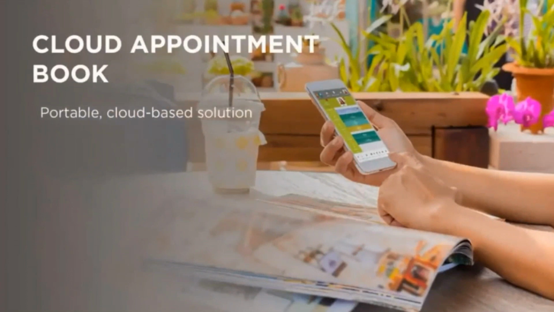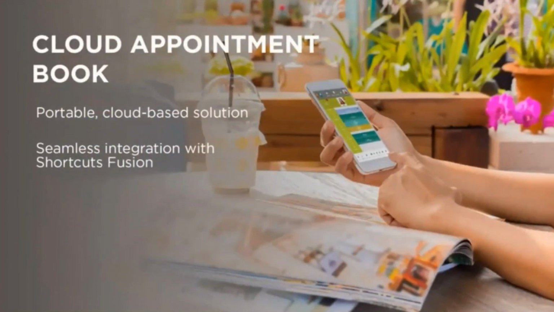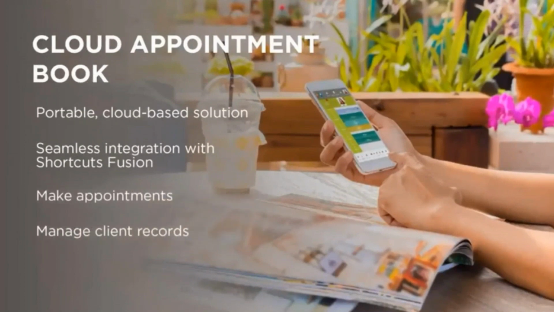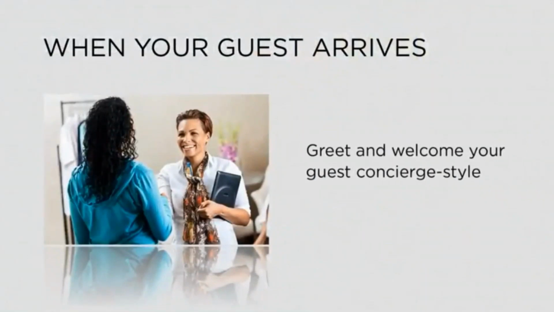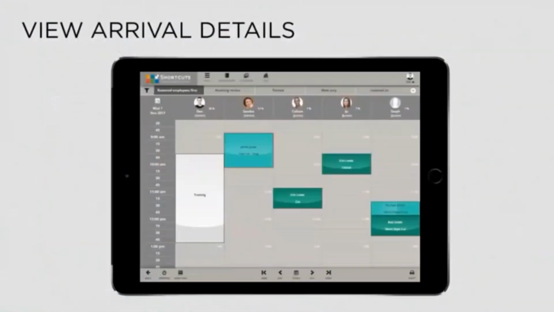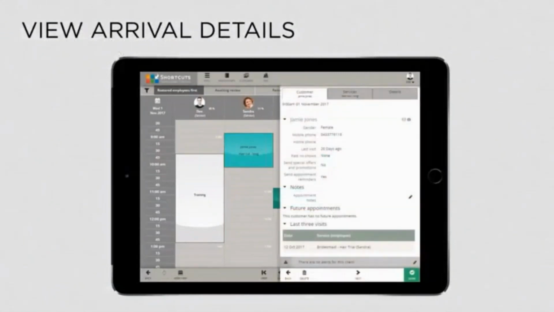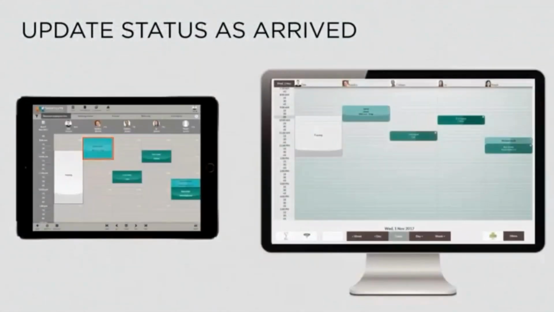So I mentioned a moment ago, it's cloud-based. Everything that you do on the actual cloud page will synchronize to your point of sale. So you can manage your records, and you can even have your staff use their own phones if they prefer. One of the main functions of the cloud is to free up your front desk, your point of sale.